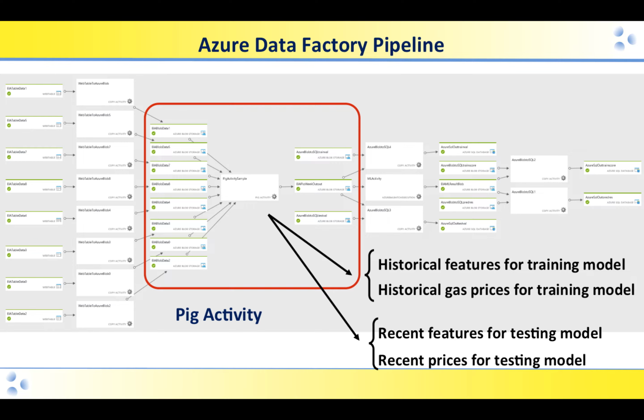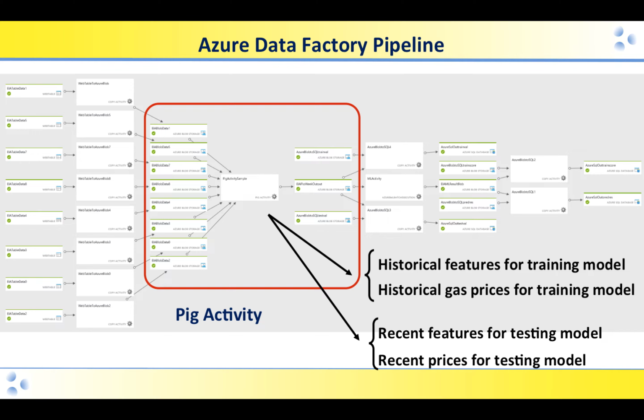It pulls in the data from the different Azure blobs, and it actually outputs 2 different pieces of information. It will output historical features that I use for training the model, and then it'll also output a handful of recent features for testing the model. And I'm also outputting historical gas prices and recent prices, and what I've done is essentially split off the last few months of data.